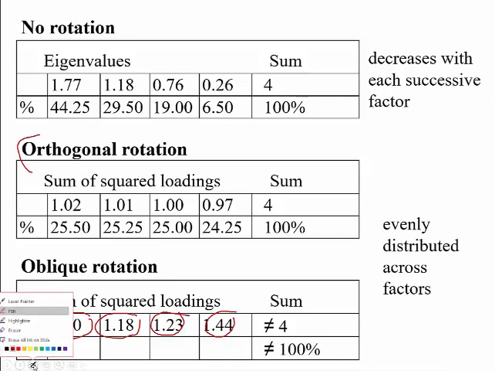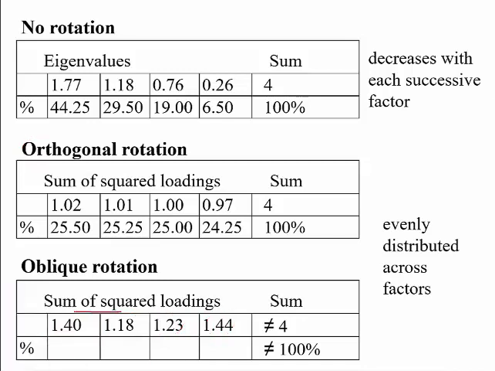They're similar across our 4 different factors. But everything else is now different. We can't sum these and get something meaningful. If you sum 1.4 plus 1.18 plus 1.23, it does not equal 4. So the sum of the squared loadings no longer equals the number of items.